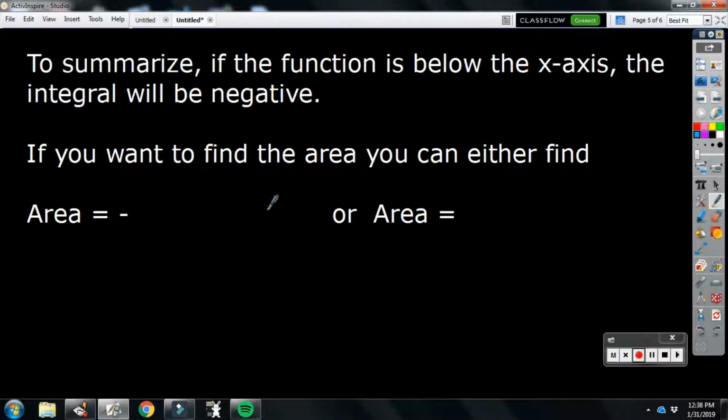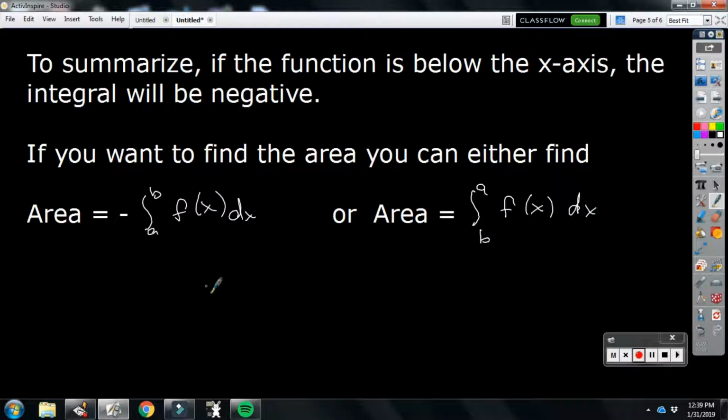So if you wanted to find the area and it's below the x-axis, you have two options. You can either find the negative integral. So, I had this written down before, but I might have cleared it out. You could just do the negative integral from a to b of f of x dx. Or if you switch the order, it'll be a little bit more clear later, but if I say go from b to a of f of x dx, that'll switch the sign.